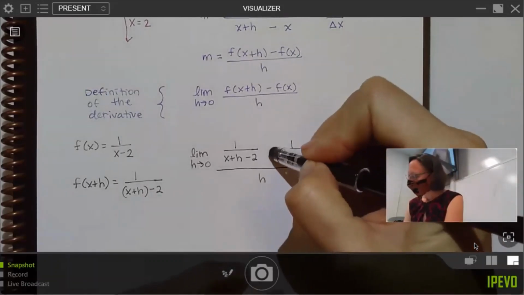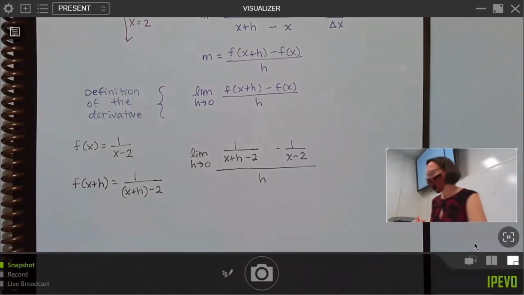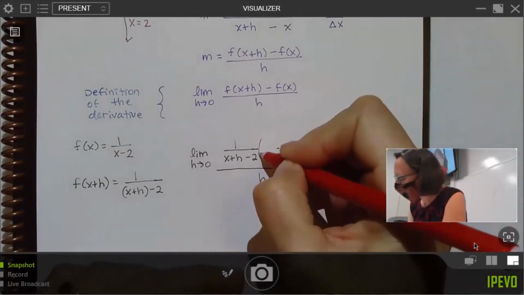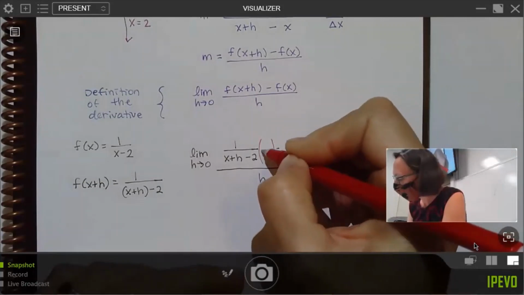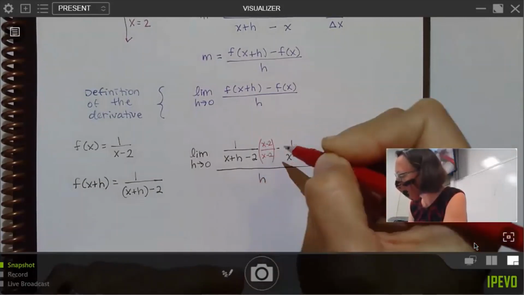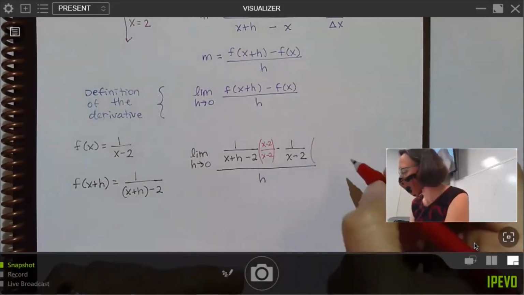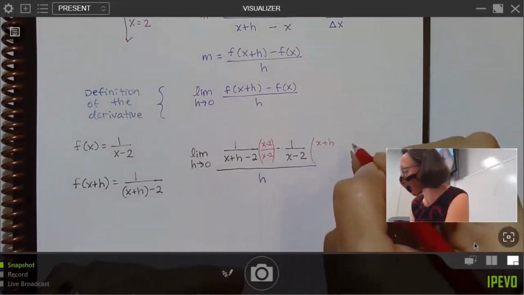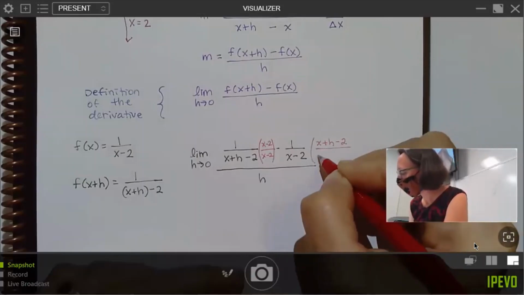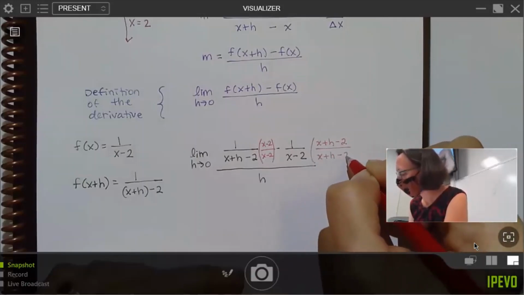So let's squeeze in our common denominator here. I know that this first piece, I'll have to multiply by x minus 2 over x minus 2. And our second fraction is going to need to get that other denominator, the x plus h minus 2 over x plus h minus 2.